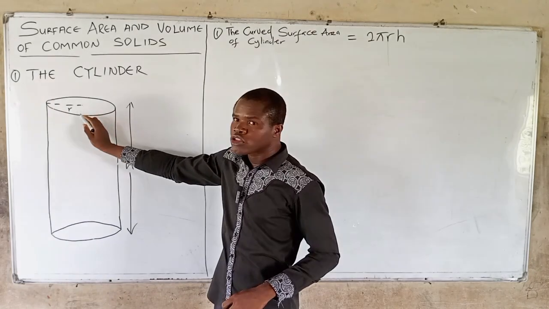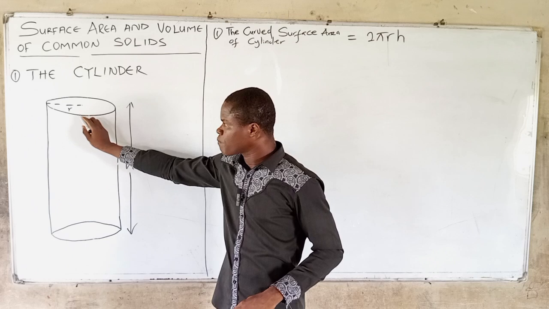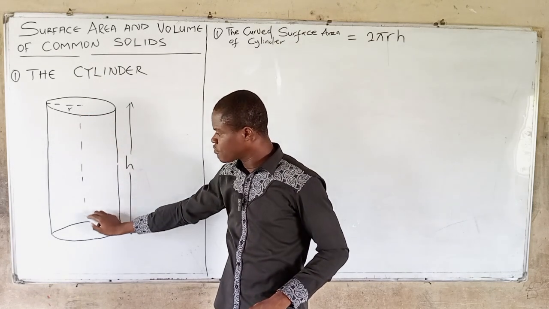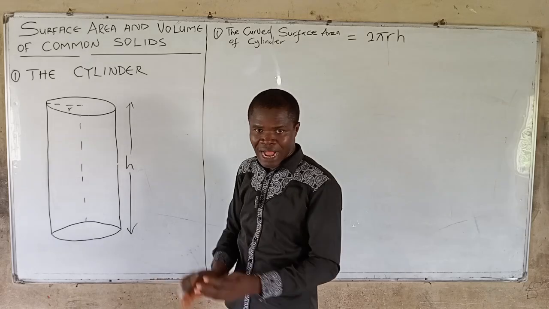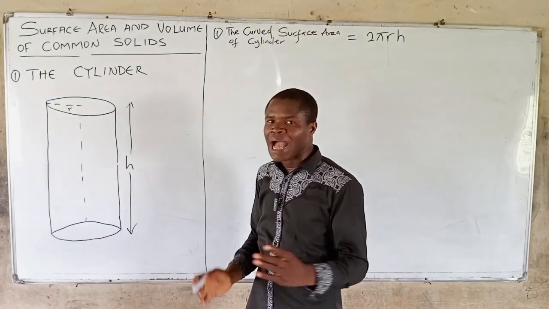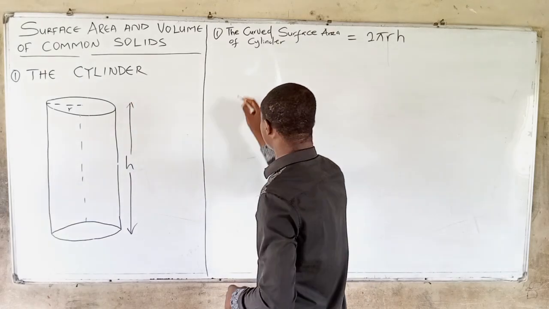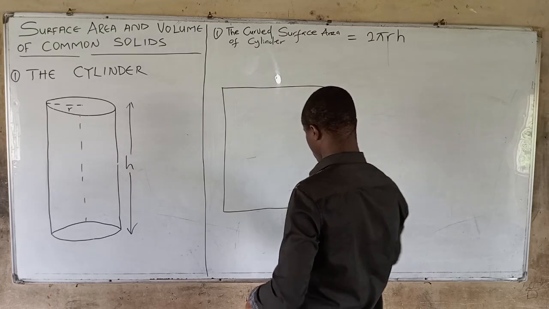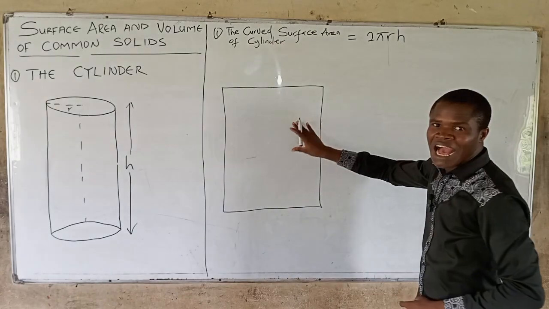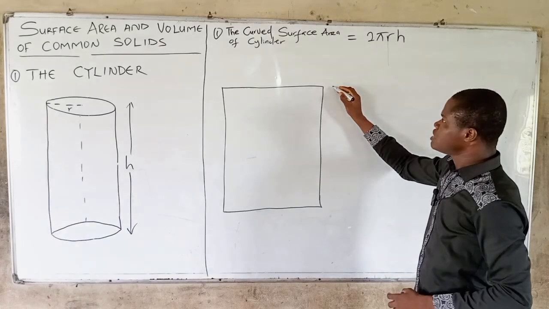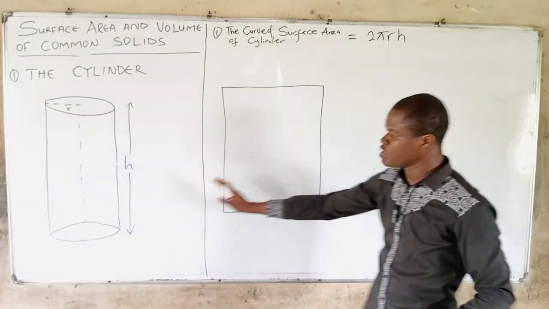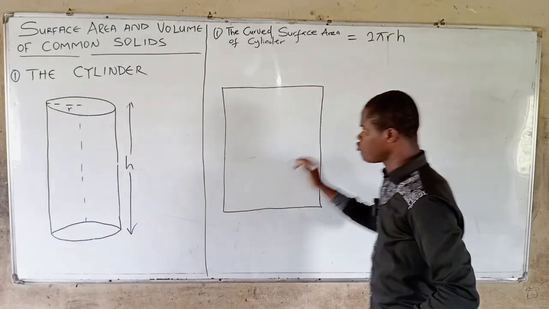Now the question is why? If I choose to cut this cylinder vertically downward and open it, I'm going to have a shape that looks like a rectangle, something like this. The height of this rectangle remains the same as the height of the cylinder.